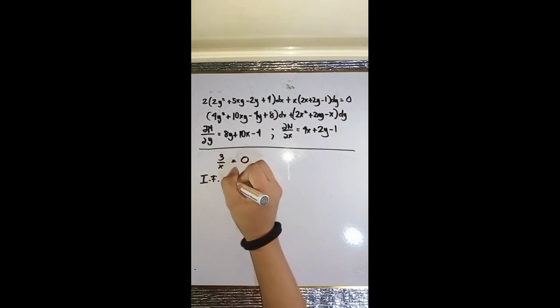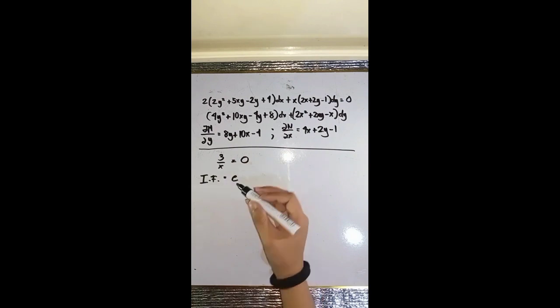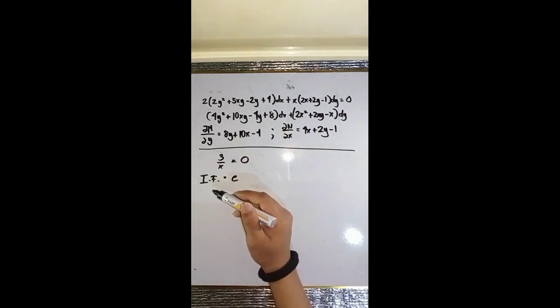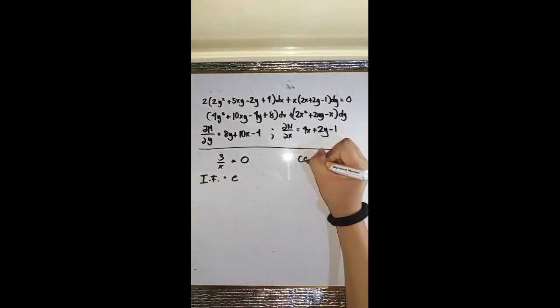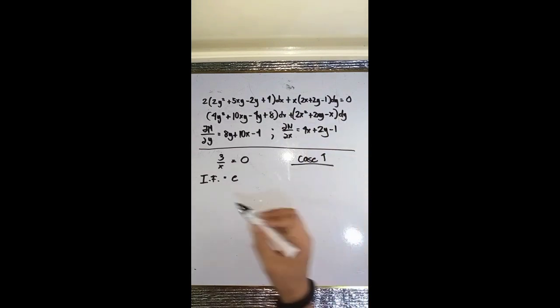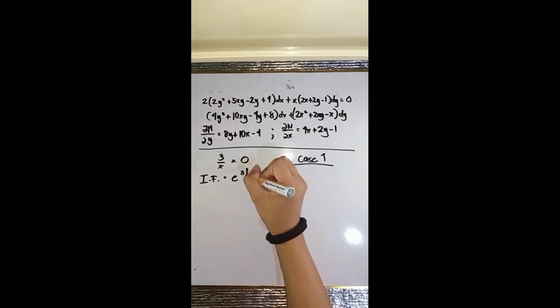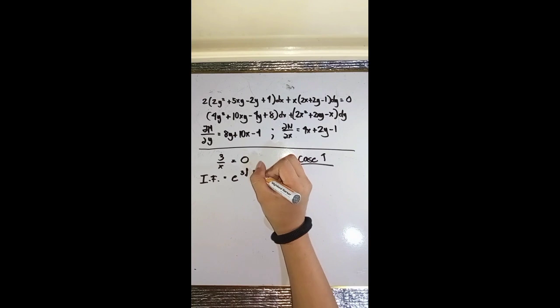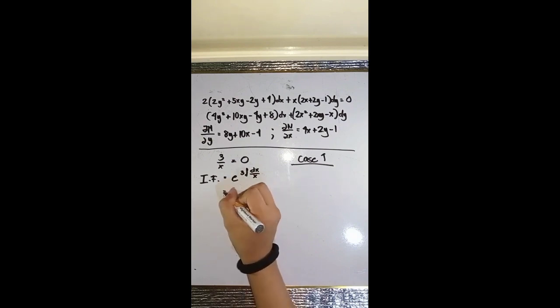So the integrating factor is equal to e raised to the integral, and since we use the function of N, we're using the case 1 form of getting the integrating factor. So e raised to 3 times the integral of dx over x. We just simplified the form in order to solve it more easily.